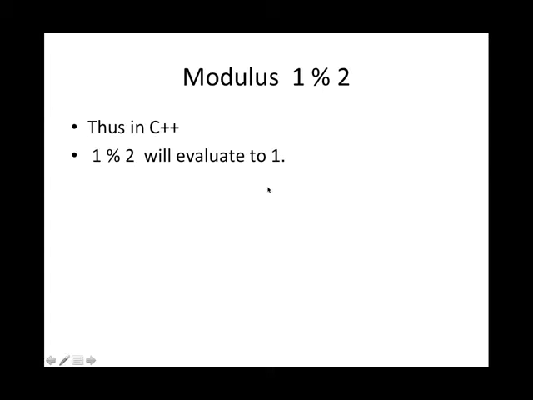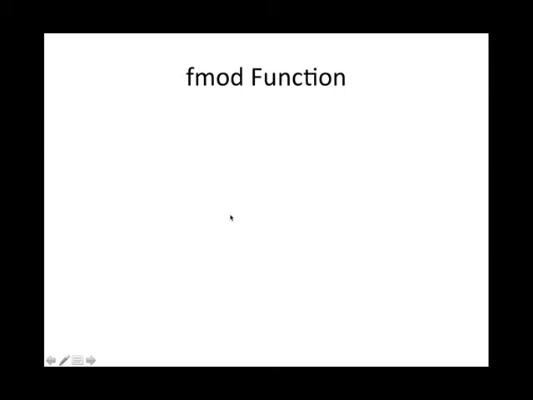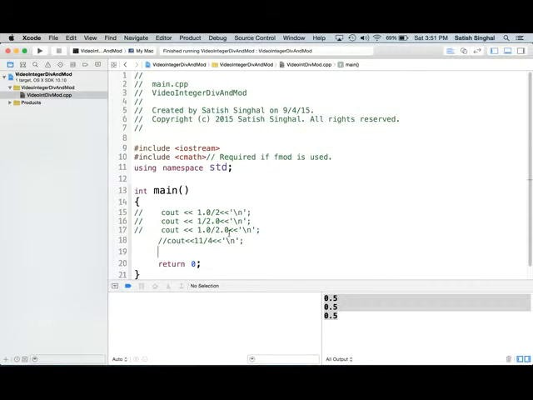Right now, I want you to pause the video if you want to, and if you're playing with the compiler at the same time, I want you to type a number of modulus expressions and see what result you get. We will do that in Xcode. So let's do the next code.